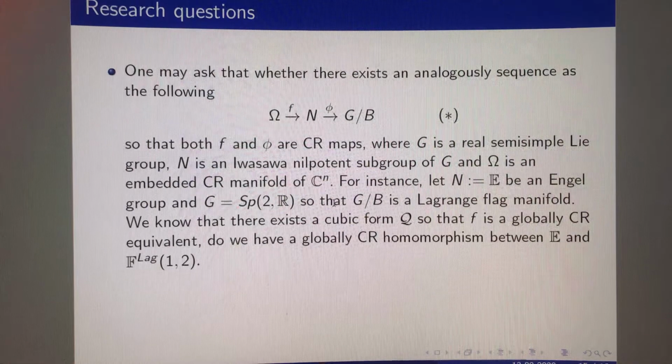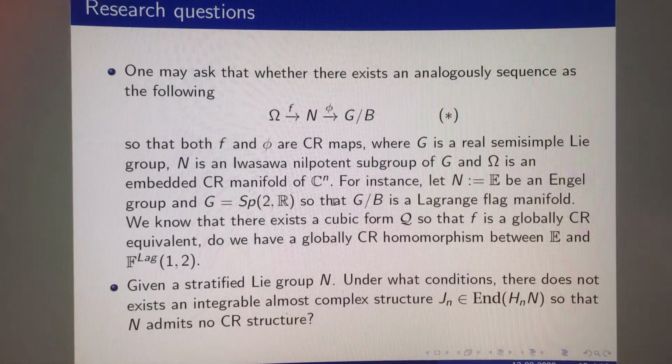G mod B? And finally, the last question in this talk is: given a real stratified Lie group N, because we have already known the conditions under which N admits a CR structure, under what conditions does it not admit an integrable almost complex structure, which means a complex structure, so that N admits no CR structure?